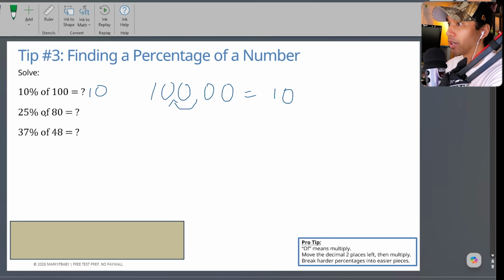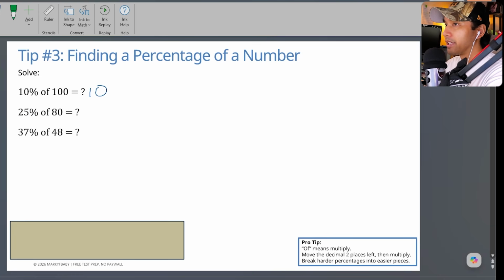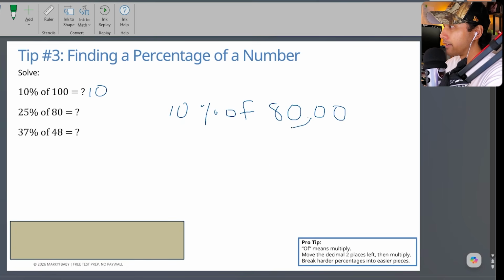Now let's do 25% of 80, okay? This one may be a little bit difficult, but not really, because we know 10%. What is 10% of 80? Well, let's just move the decimal. 10% of 80 is 8, right?